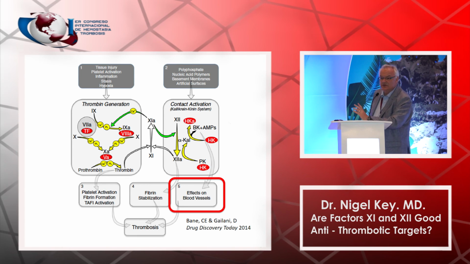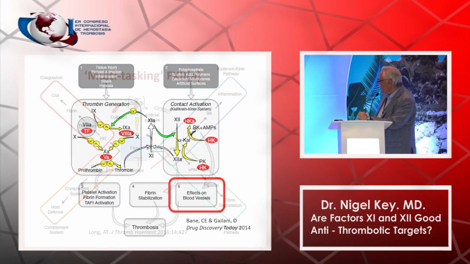It might interest you to know that factor 12 is now a major target in the development of agents for hereditary angioedema. So nothing really to do with coagulation, but over here, what you're really trying to dampen down is the bradykinin production in vivo, which certainly can be a 12-dependent phenomenon. So bradykinin can have effects on blood vessels here that are related but somewhat independent of coagulation.